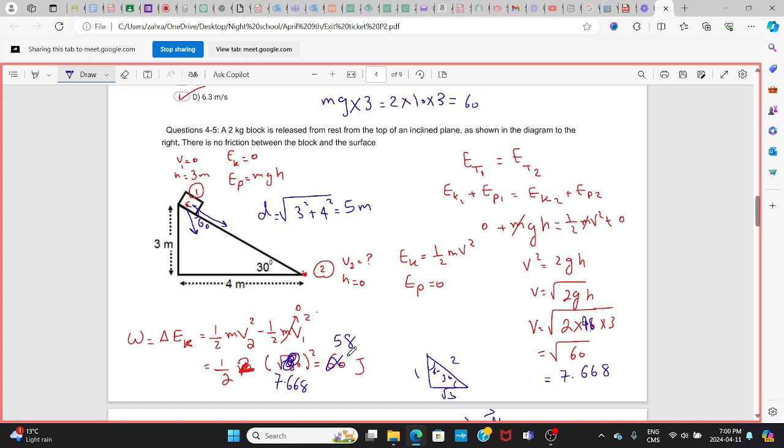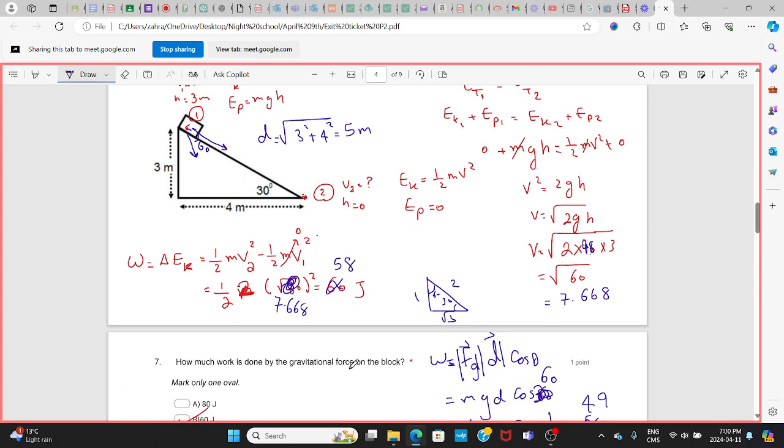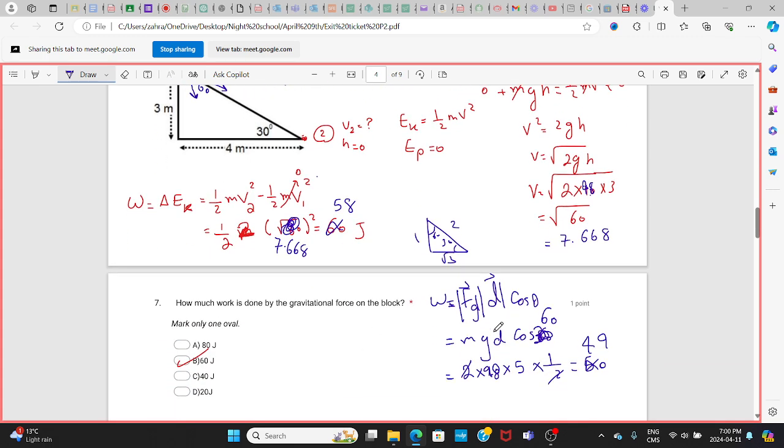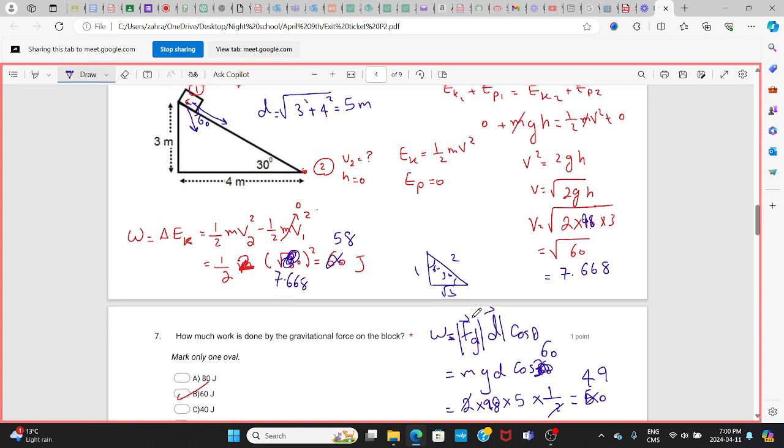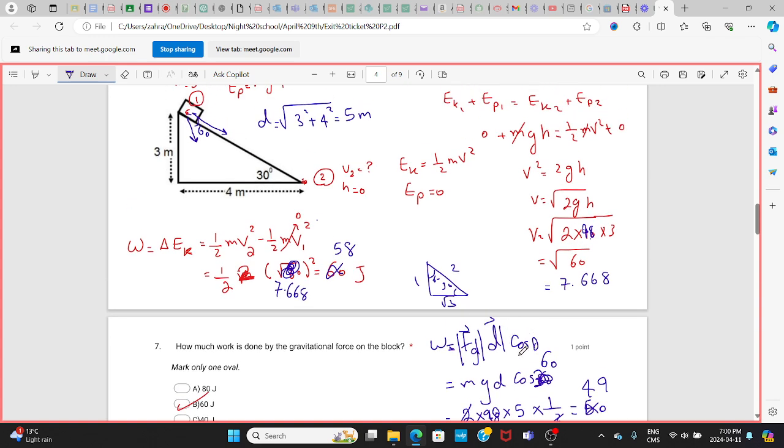It would be very similar to what I have here. But I don't know why doing that, because this is Fg cosine theta, which will give you the component of your force along the displacement. It should be the same, honestly, when you are multiplying by the actual d.